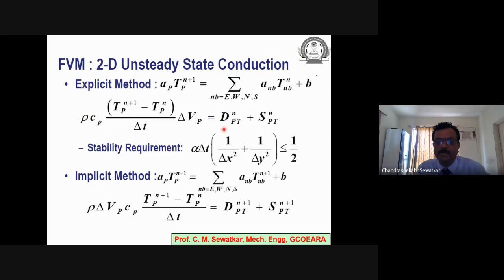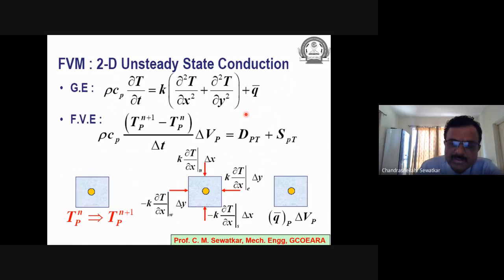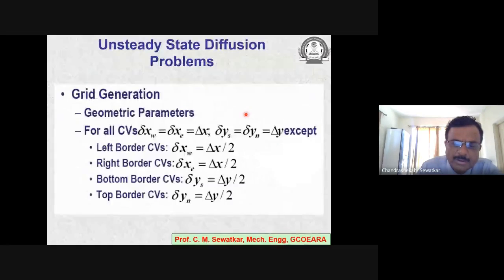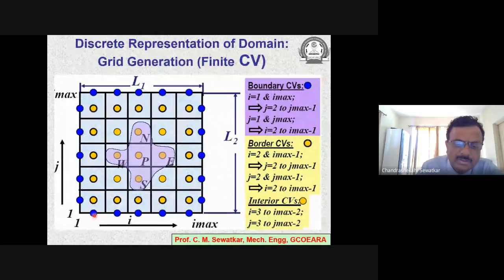So if I write down DPT and SPT at the n level and apply this equation to one cell center, let's say this cell, I can calculate DPT by using information here, here, here, here from the previous instant, that is from the initial condition to begin with. SPT also I can calculate.